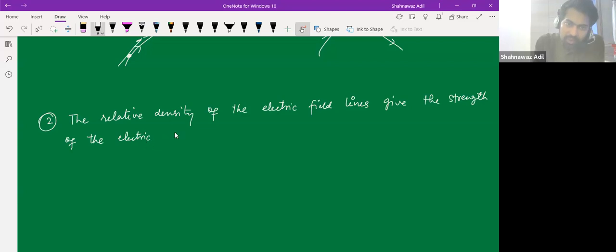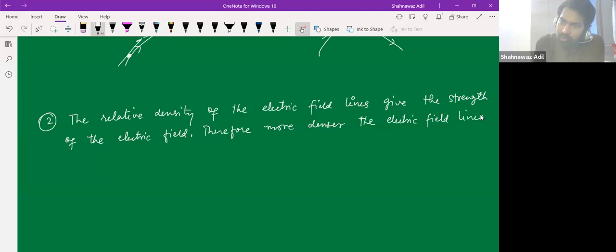So therefore, the denser the electric field lines, the more is the strength of the electric field.